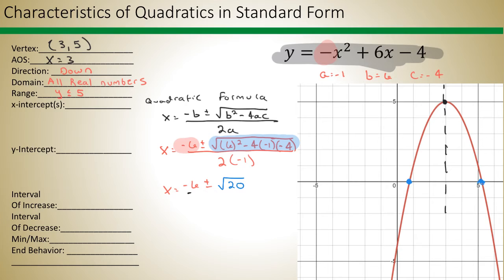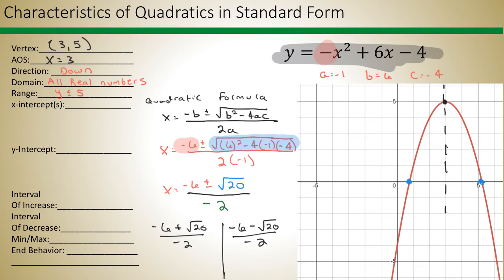Okay, and then that's over 2 times -1, which is -2. Okay, so we have 2 different answers here. We either have -6 plus root 20 over -2, or we have -6 minus root 20 over -2.